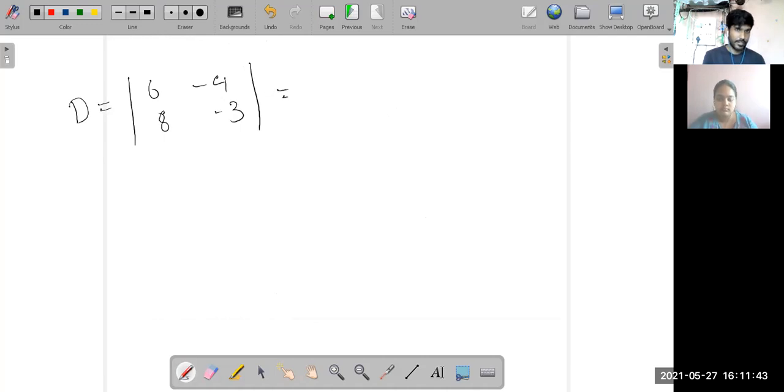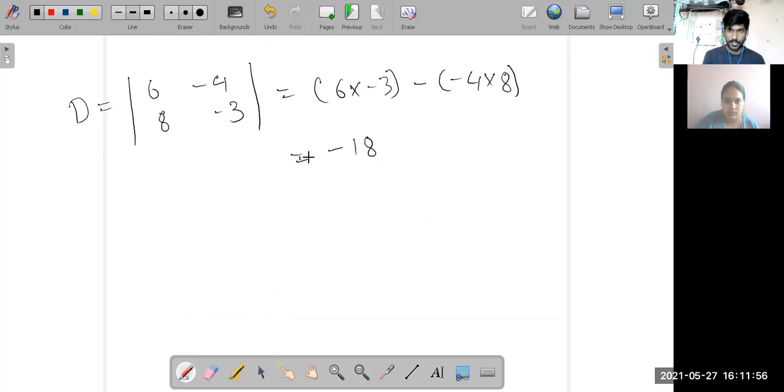After this you have done 6 into minus 3 and minus 4 into 8. How much is 6 into minus 3? Minus 18, you have written, correct. And then how much is minus 4 into 8? Minus 32 this should be. You have just written 32. So this should be minus 32.